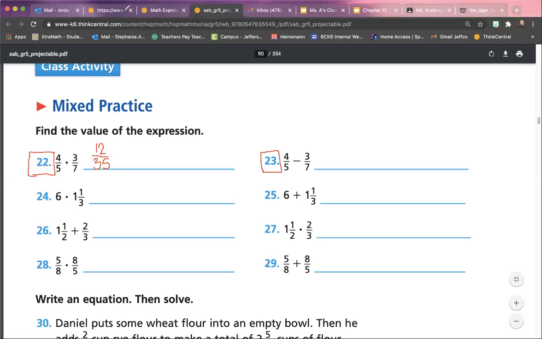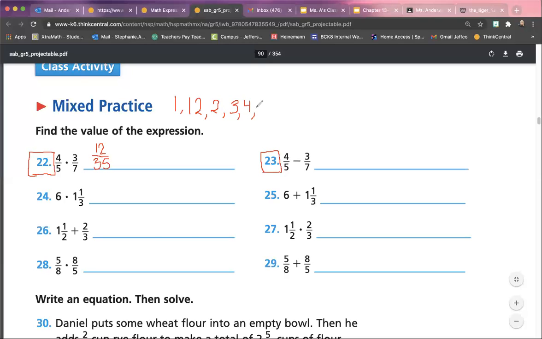If you guys are ever stuck, an easy way to do this would be, okay, so what goes into 12? Well, I know 1 times 12 is 12. What else goes into 12? 2, 3, 4, and 6.